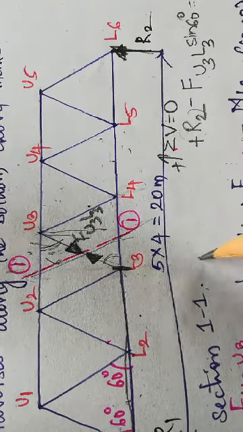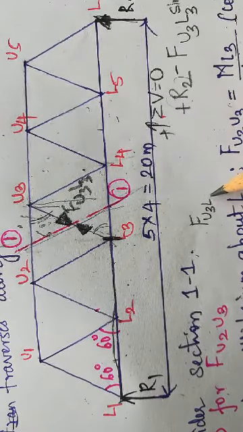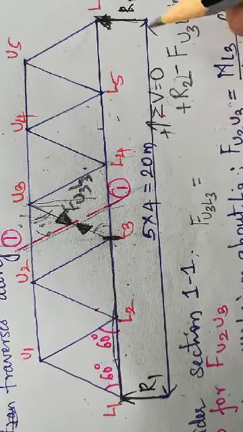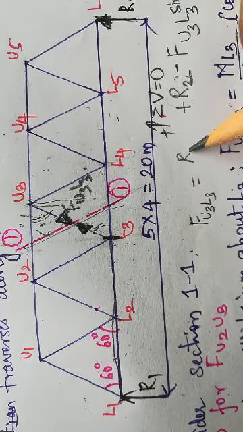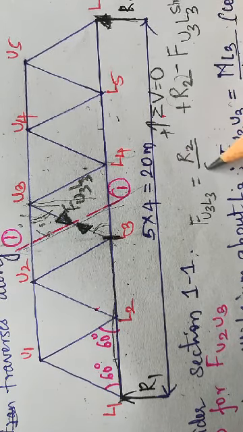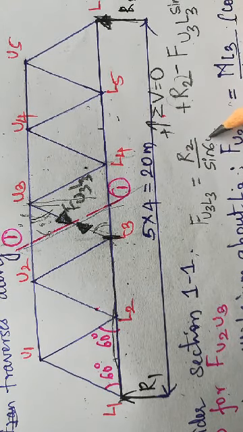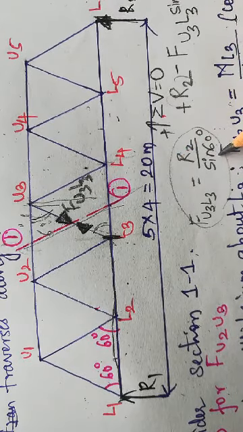From this I will get force U3, L3 is equal to, even when it goes to the right hand side, it will carry a minus sign. Minus and minus will get cancelled out. R2 divided by sine of 60, correct? I will get force U3, L3 is equal to R2 divided by sine of 60.